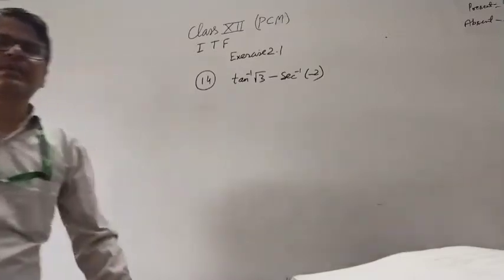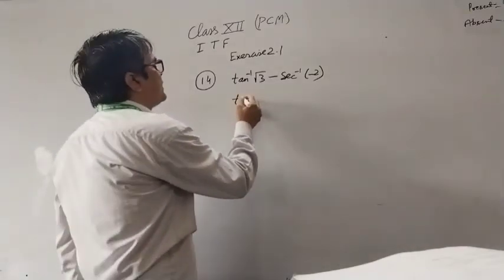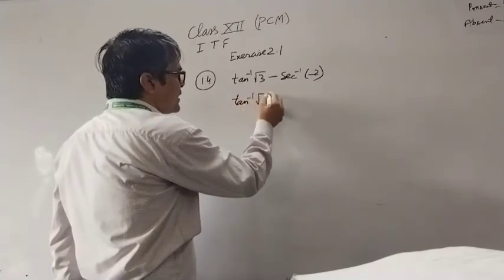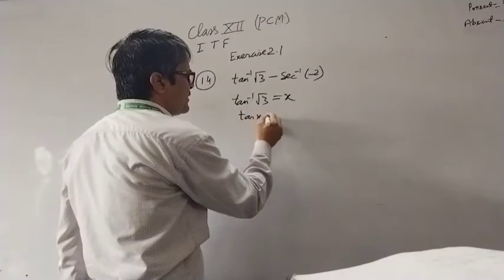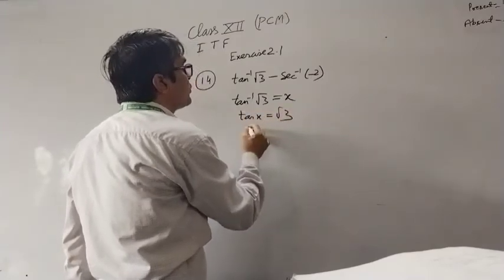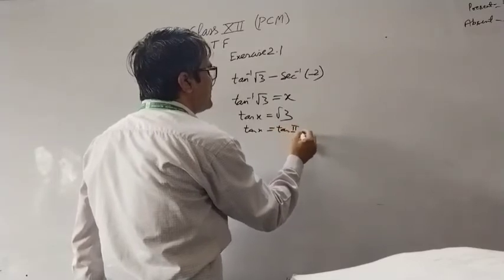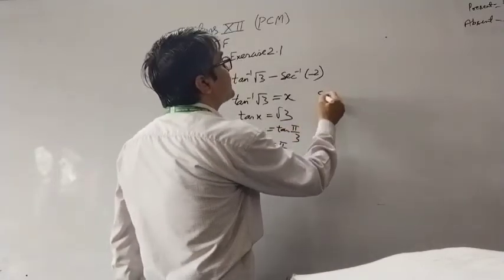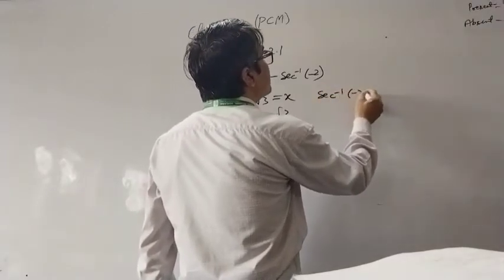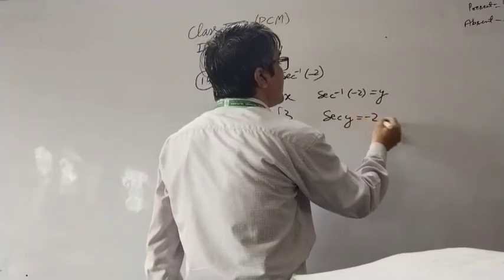Tan inverse root 3. So, just suppose this question has appeared in your board examination. Tan inverse root 3 is equal to x, tan x is equal to root 3. So, tan x is equal to tan pi by 3. x is equal to pi by 3. Sec inverse minus 2 is equal to y. Sec y is equal to minus 2.